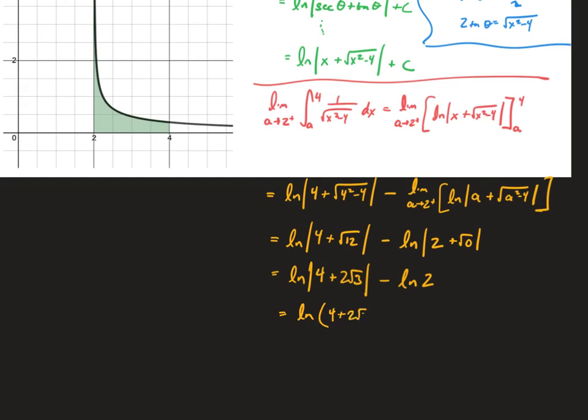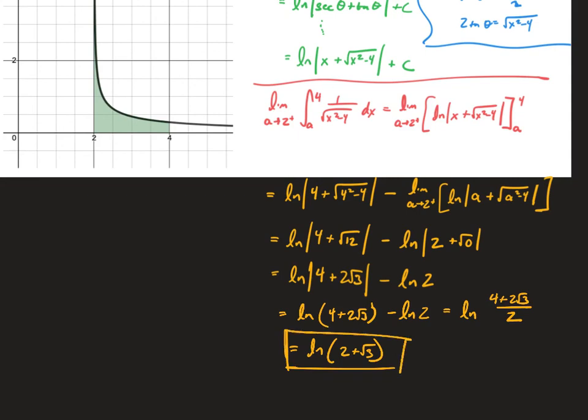Natural log of 4 plus 2 square roots of 3, minus the natural log of 2. Subtraction with logarithms turns into a division when I consolidate that. So 4 plus 2 square roots of 3 divided by 2. Oh, and look there, everything's divisible by 2. So I get the natural log of 2 plus the square root of 3. That is the final answer for this area up here in green.